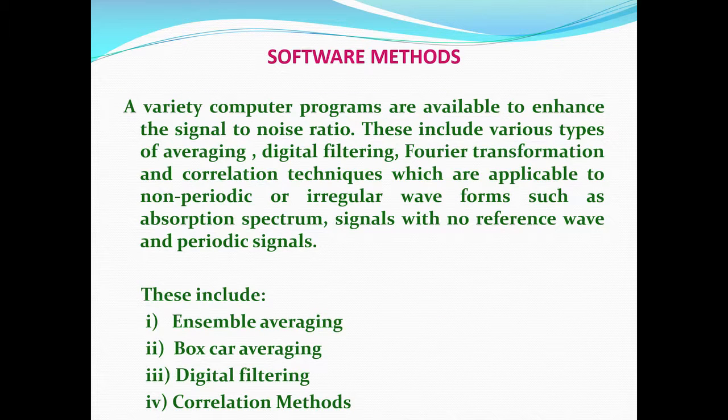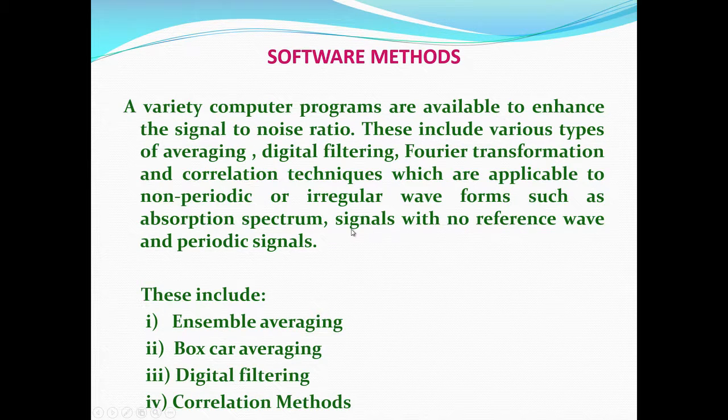Once you have the data, then the lumen or voltage or whatever you measure, the data is processed, averaged, digital filtering is done, Fourier transformation is possible, and correlation techniques, and all these things are applicable to non-periodic or irregular waveforms such as an absorption spectrum.